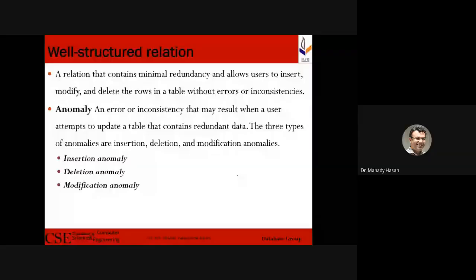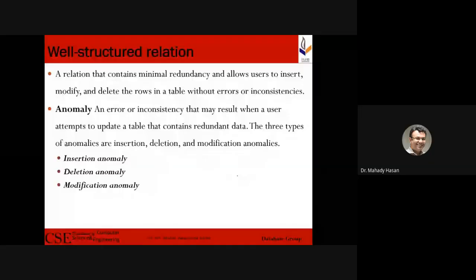The way of making a well-structured relation is by removing all possible anomalies. Anomalies are some difficulties that might occur in the database. Any kind of anomaly means there could be some problem, some redundancy. So this is basically known as anomalies, and anomalies need to be removed.